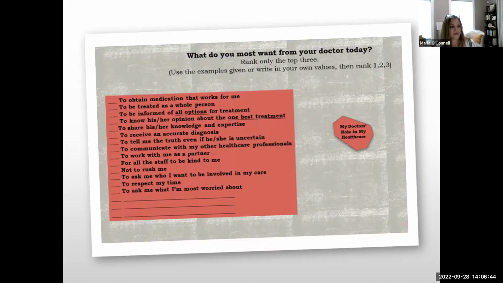I do. The pandemic. I just read an article about shared decision-making in the pandemic. There were some myths that shared decision-making has to be done in person, that you really have to have a range of options available in order to do shared decision-making.